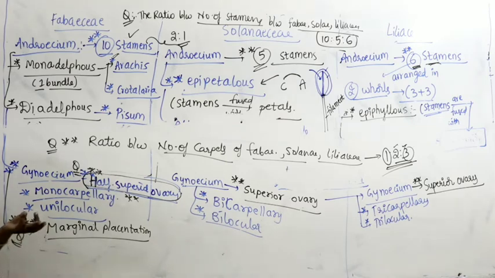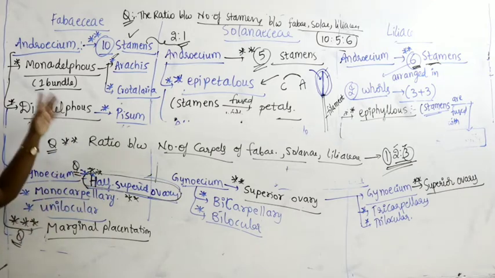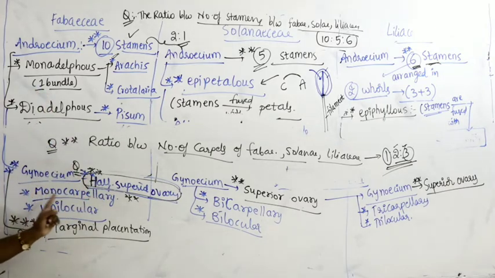Legumes, Pisum plant, Dolichos lab, all of these exhibit marginal placentation. Marginal placentation is a characteristic feature of Fabaceae. Very important question. Half superior ovary is a characteristic feature of Fabaceae. Monocarpellary, presence of 1 carpel, these 3 are characteristic features of Fabaceae.